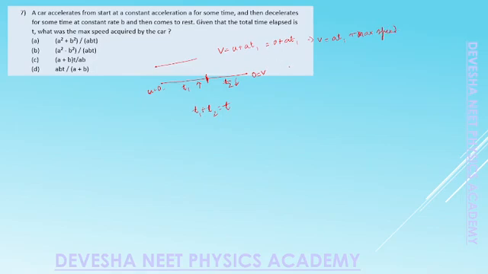Now let's look at this stretch. So v, the final velocity, is equal to 0.